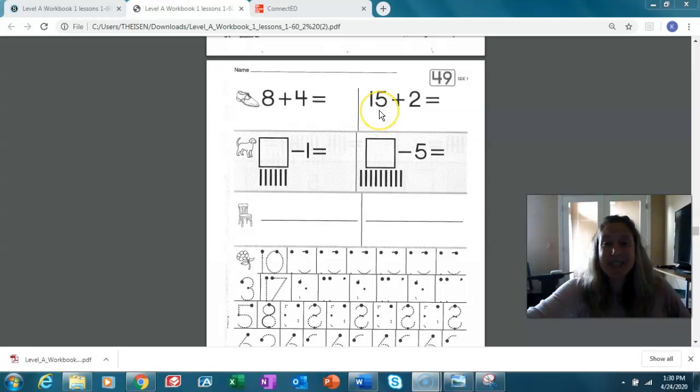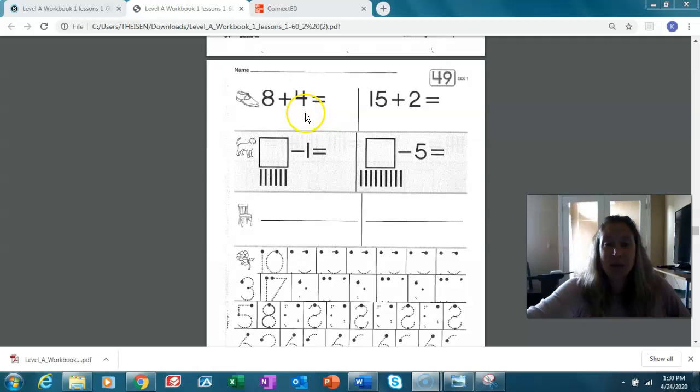Next problem says 15 plus 2 equals. Your turn. Read the problems. 8 plus 4 equals, and read the problem. 15 plus 2 equals.